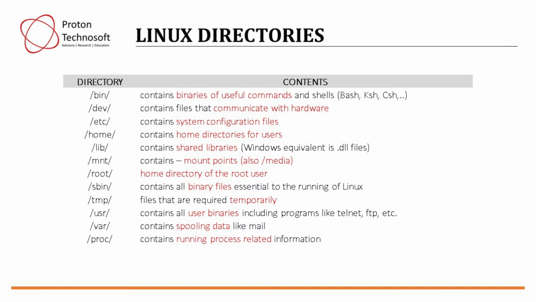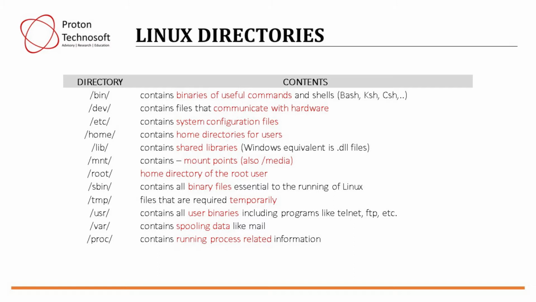For example, if we have to mount a remote file system to our Unix file system, like a shared drive in Microsoft Windows, where we map a drive to a particular drive letter. Here in mnt, we can create different mount points, and those mount points can be used to mount a particular remote share. And for example, when we insert a CD-ROM or a USB into the system, that's where those mount points get mounted, under the media or the mnt folder in Unix.